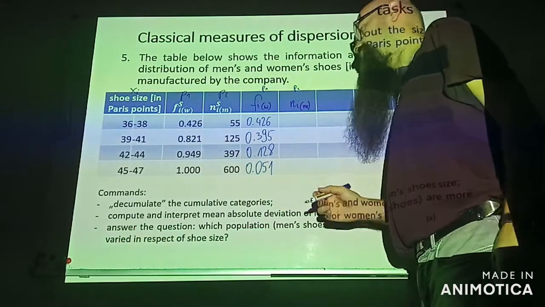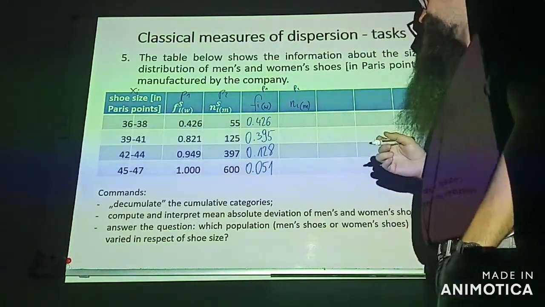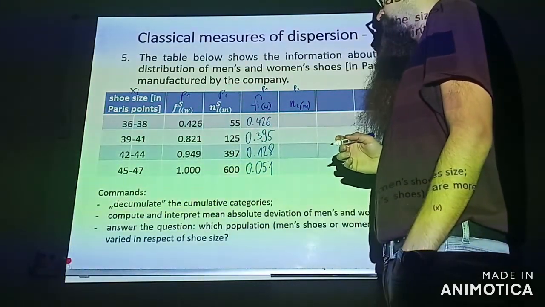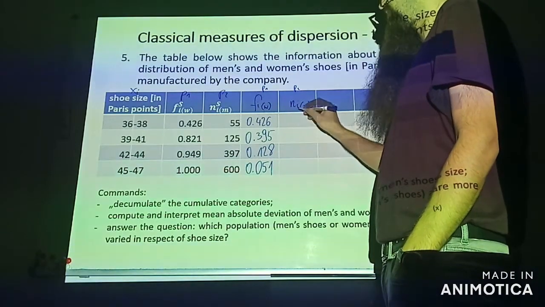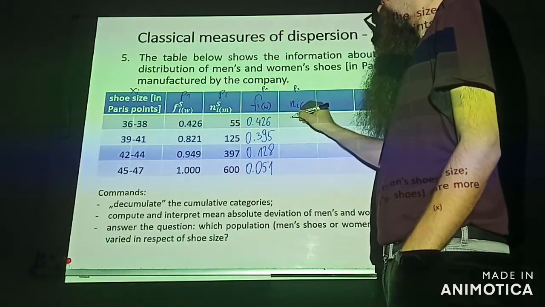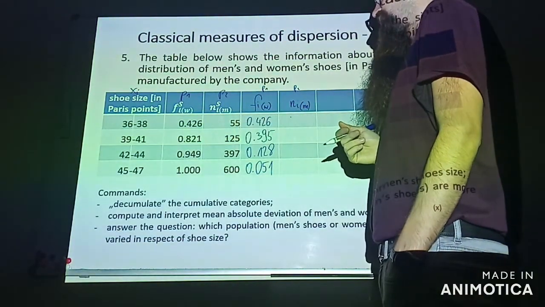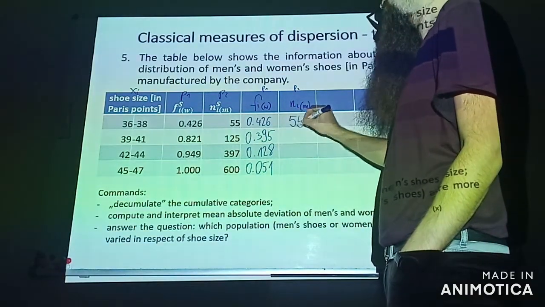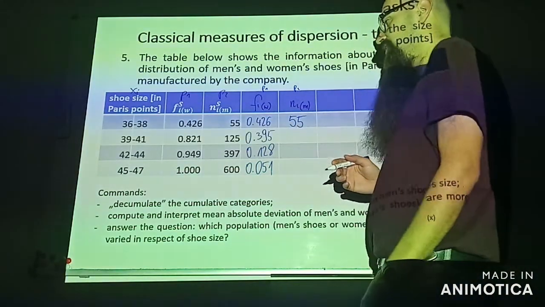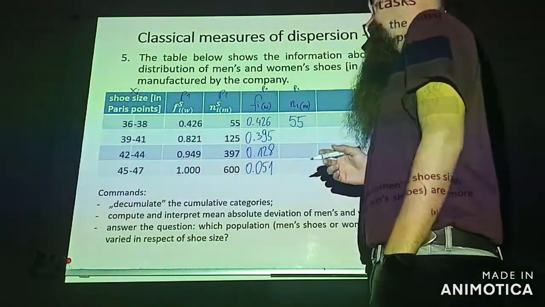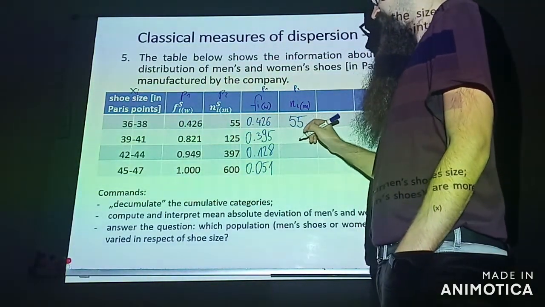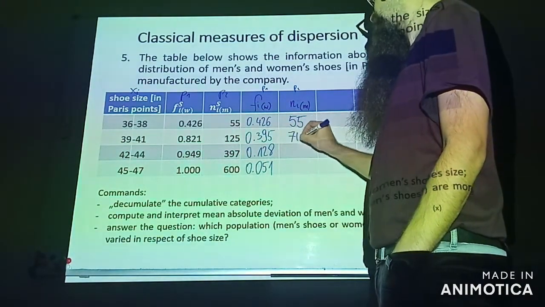Okay, and here we have the information about men's shoes. So first, Ni, category N1 is equal to first cumulative category 55. And now here we have the difference between 125 and 55. So this is 45 plus 25, so it is 70.